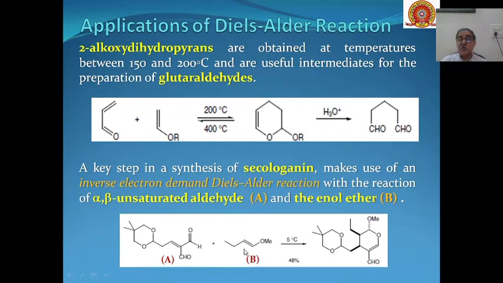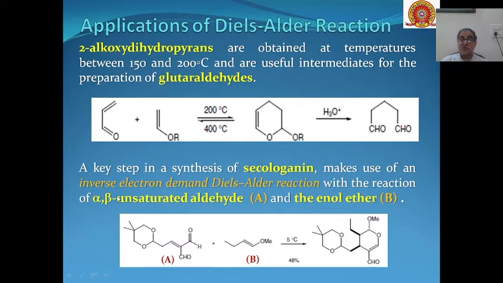So why is it called inverse electron demand Diels-Alder reaction? Because here you can see that this is acting as a diene and this is acting as a dienophile, and we have seen that in normal Diels-Alder reaction, the diene should have electron releasing groups, whereas dienophile should have electron withdrawing groups. Whereas here you are having electron withdrawing groups on the diene, and here you are having electron releasing groups.